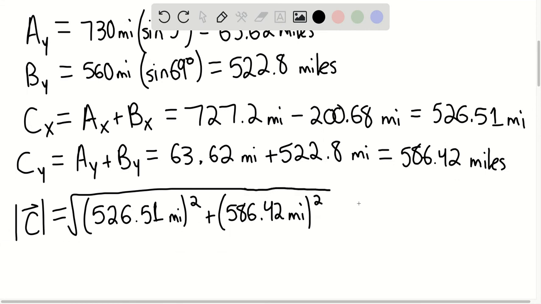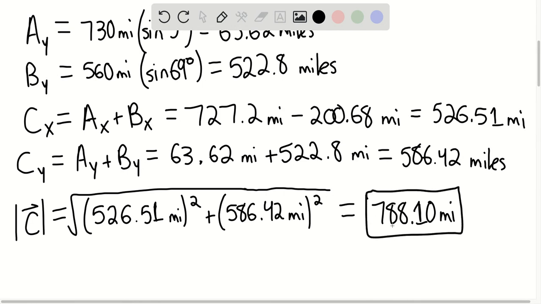And this gives us 788.10 miles. So the distance from Dallas to Chicago is 788.10 miles.